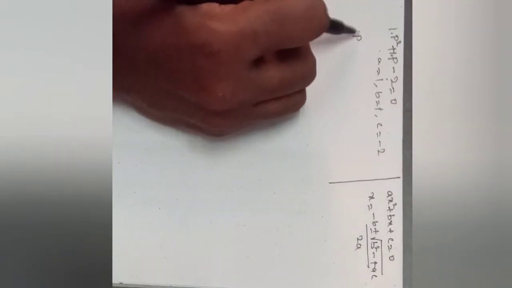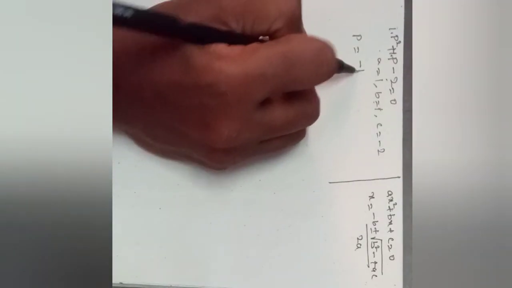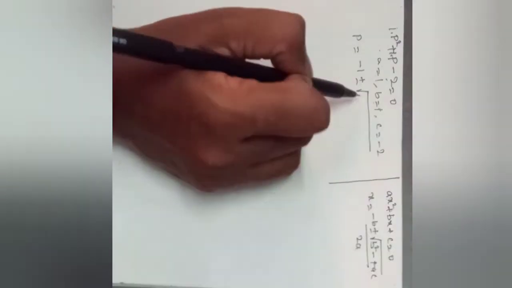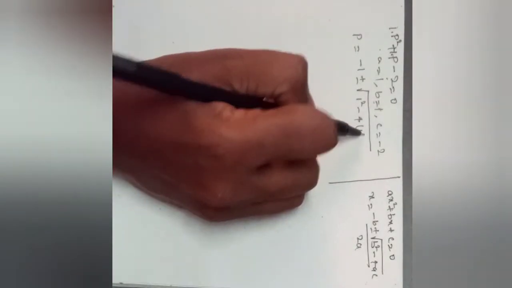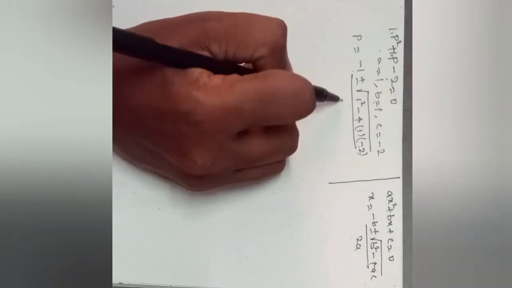So roots of p will be p is equal to minus b, that is minus 1, plus or minus under root of the determinant, that is b square, 1 square, minus 4, a is 1, c is minus 2, whole divided by 2 into 1.